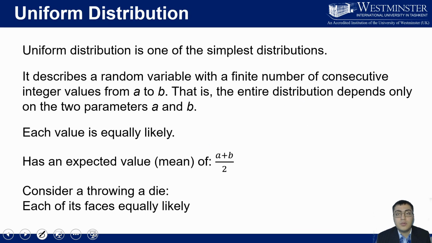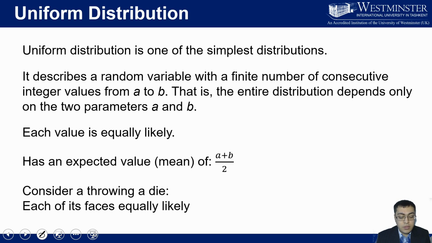Right, so that was it for the normal distribution. Now let's look at another distribution. This one here is the uniform distribution. It is probably one of the simplest distributions that there ever is. It is just a random variable that has the same probability of each of its values occurring.